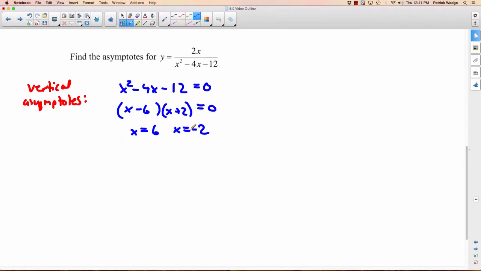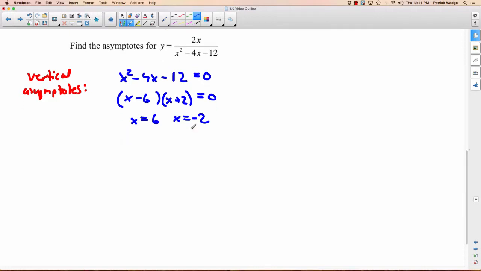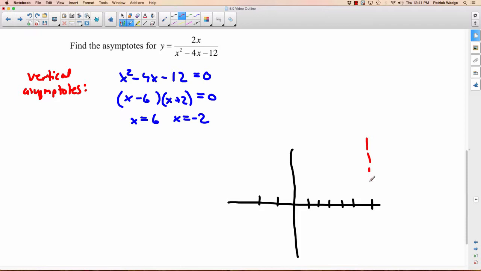Now, something else that we did before is we want to know what the tendency is of the graph as it approaches the asymptotes from the left and from the right. So I'll show you what I mean here. If this is our graph, here's our coordinate plane, and if I go out to 1, 2, 3, 4, 5, 6, and -1, -2, I know that I have vertical asymptotes here.